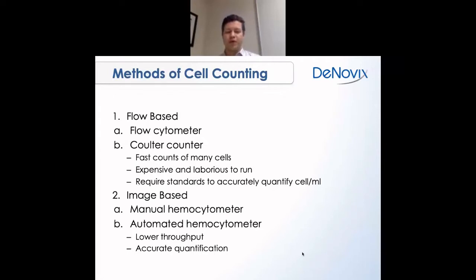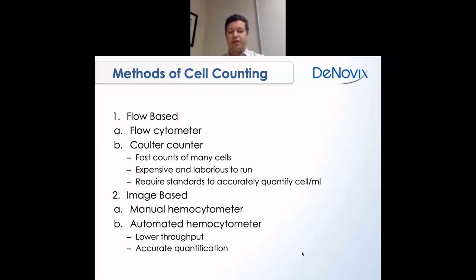What we're going to be focusing on today is image-based cell counting. That comes in 2 flavors: the manual hemocytometer, which is what everybody knows, the grids that you look at under the microscope and you sit there and click away on your counter, counting cells. And then automated image-based hemocytometers, sort of like the CellDrop.